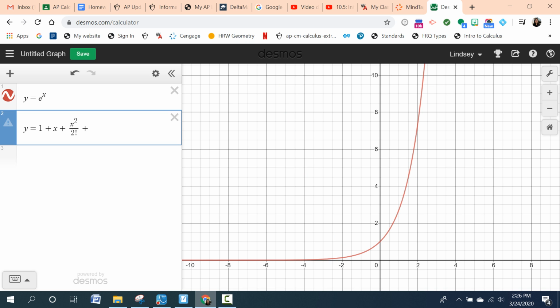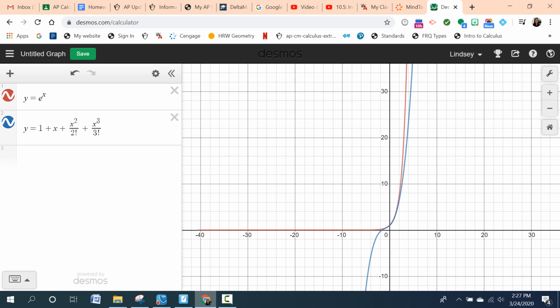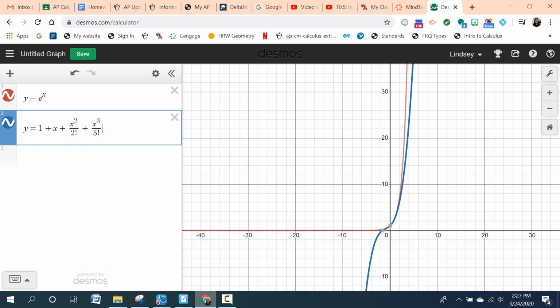If I put the next one in, x cubed over 3 factorial. Ooh, that's nice. Let me zoom out too so we can see even better with a good scale there. I think we did a fourth degree and we had x to the fourth over 4 factorial, and that looks even better. Look how nice that is. It doesn't look like anything good is going to happen over here, but on the positive side, it's really matching up there. So it seems to be doing all right.